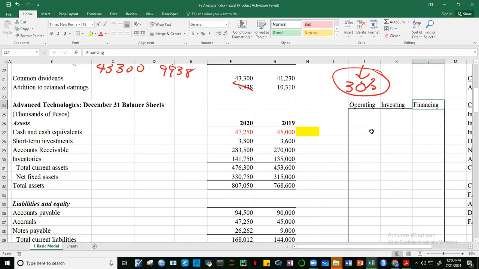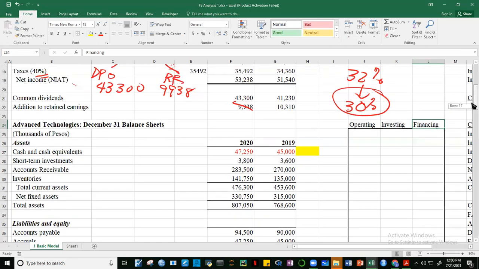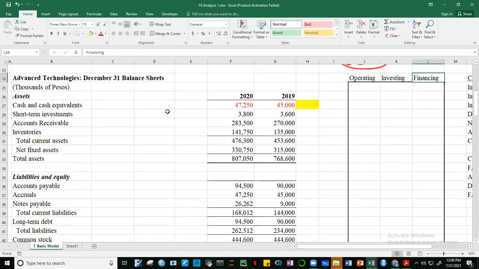Okay, so how do we go about this? So yung first part niyan, guys, is take a look at what happened to cash. What happened to cash? From 45,000, that's actually 45 million, it became 47,250. No? So what happened to cash? Did it increase or decrease? Okay, so nag-increase siya.